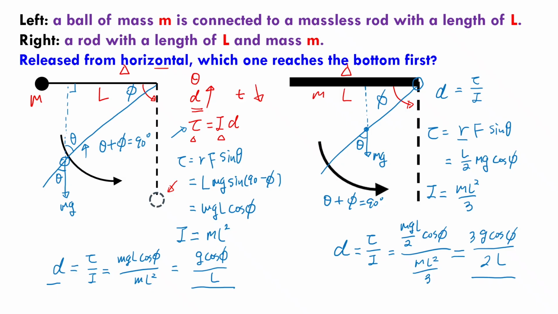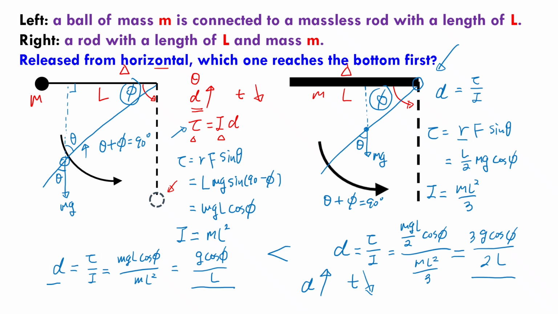So under the same angle phi, the angular acceleration on the right is larger than on the left. That means the right system has a larger angular acceleration, so it will take a shorter time to reach the bottom. So the correct answer is the right system will come down faster.